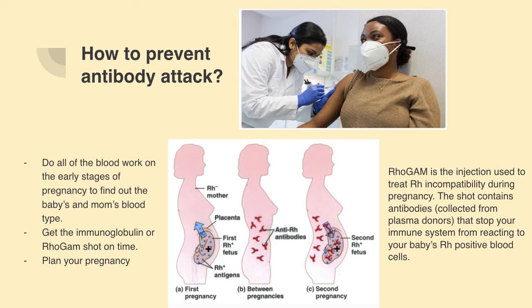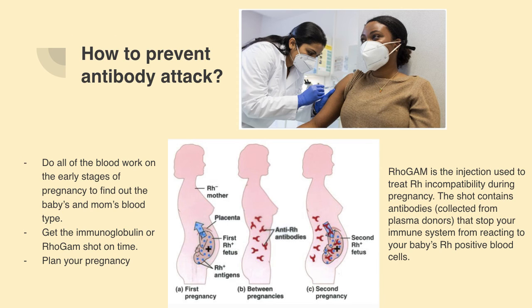It's important to get the RhoGAM and test on this blood type early on, in these prenatal visits, to see what blood type the baby has. During that prenatal period, the doctors will look at both mom and baby Rh factor, and if they're AB negative, A negative, they are going to receive a RhoGAM shot, and it's given intramuscularly.